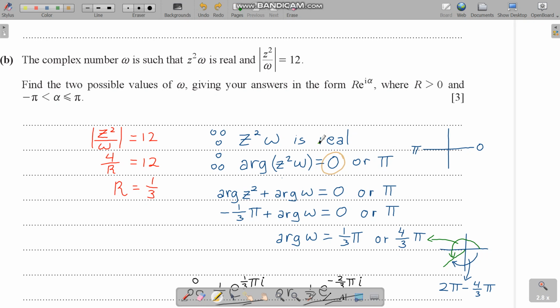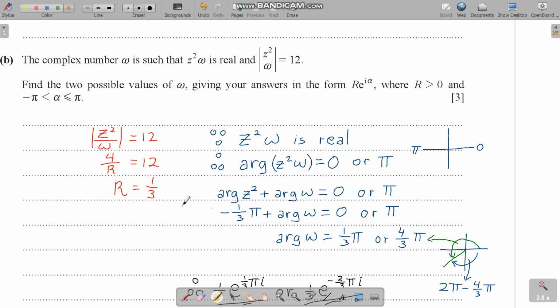Now when we multiply complex numbers, again in exponential form, we add the arguments. So the argument of z squared plus the argument of omega. And from the previous part, we know the argument of z squared is minus 1/3 pi. So now we can just add 1/3 pi to both sides.